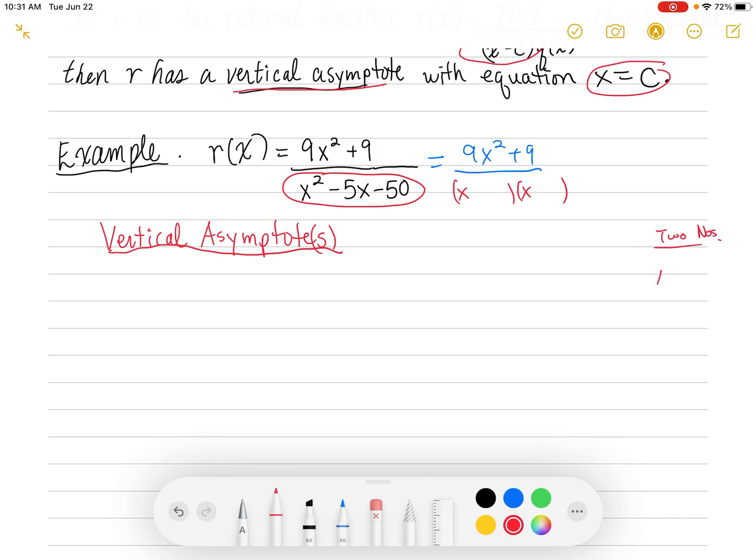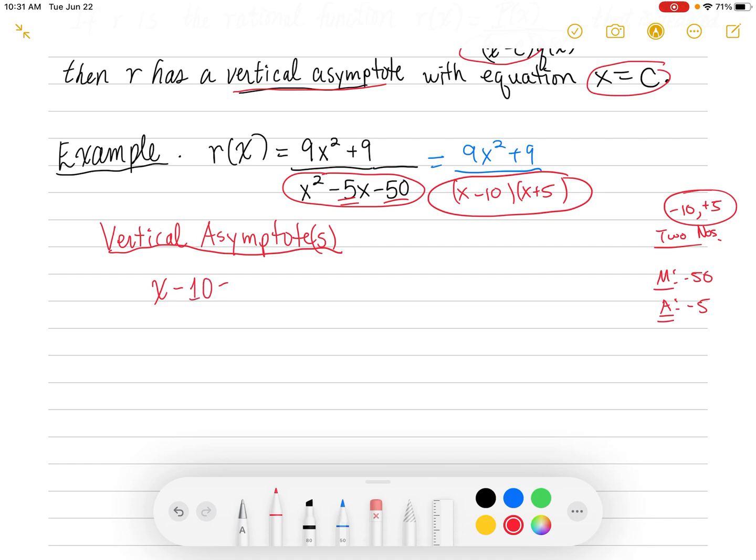We're going to have an x times an x to get x squared, and then you're going to find two numbers that multiply to give negative 50 and add to give negative 5. And your numbers are negative 10 and positive 5, right? Negative 10 and positive 5 multiply to give negative 50 and add to give negative 5. So I'll write those in.